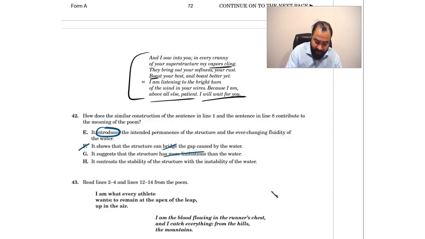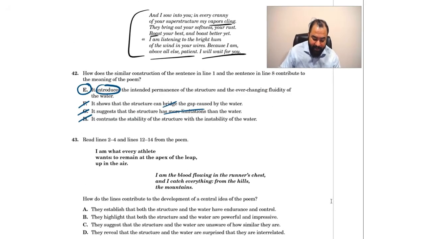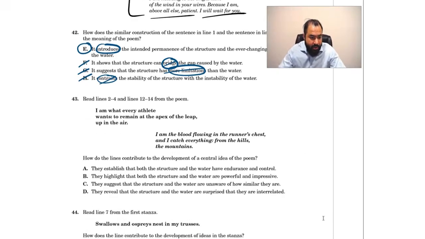They didn't make any comparison yet. It contrasts the stability of the structure. There was no contrast yet, so E is the answer. Process of elimination makes it simple, and look at how we eliminate things by the keywords: bridge, more limitation, and contrast. These are the words that help me remove the options. The process of elimination using the keywords. All right, now let's talk about 43.